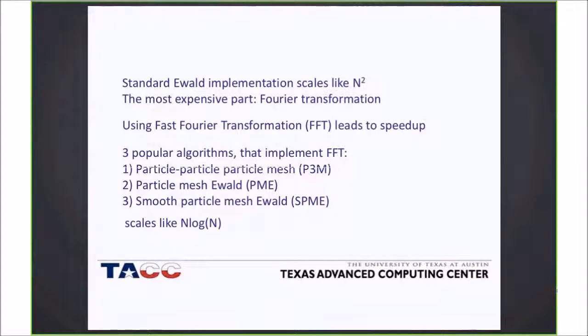The most expensive part is the Fourier transformation. Using fast Fourier transformation does help. There are 3 popular algorithms with FFT implemented, like P3M, PME, and SPME. They scale like N log N.